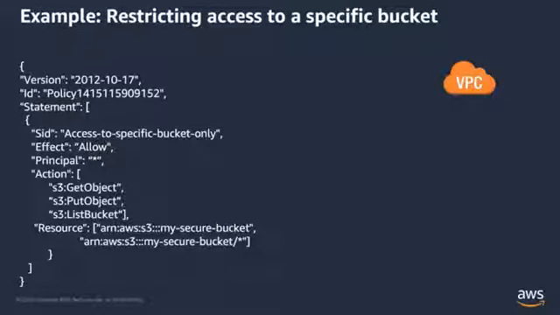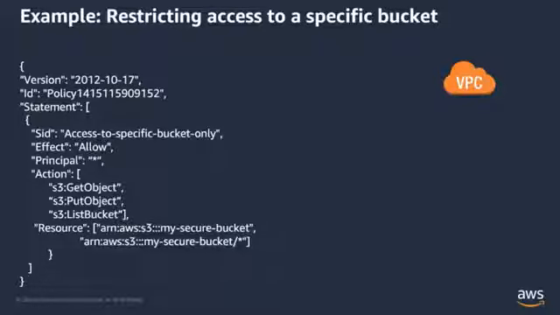So let's take a look at this VPC policy. It looks a lot like our bucket policies, I know, but this is a VPC policy. You can tell by the little VPC icon. So the version is going to be the same, and we have an ID, and this is just another optional parameter. And let's look at our statement.